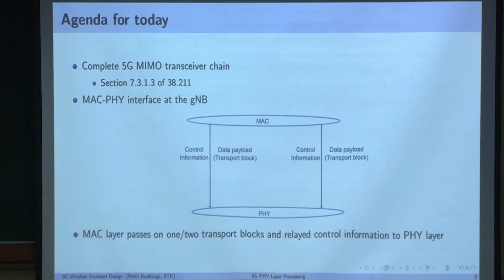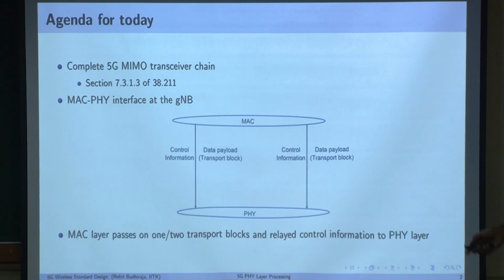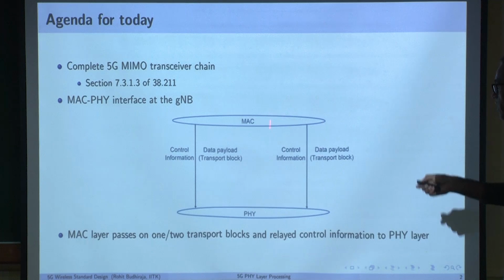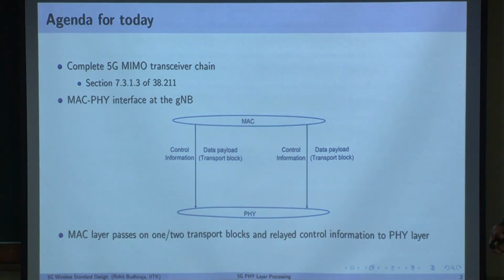Just to give you an example, if the number of layers is 8, why not 8 different transport blocks coming from here? It could come, and that is also one option. We'll try to understand why it is not done like that. I'm jumping the gun and telling you that this is an option, but it is not implemented like that.